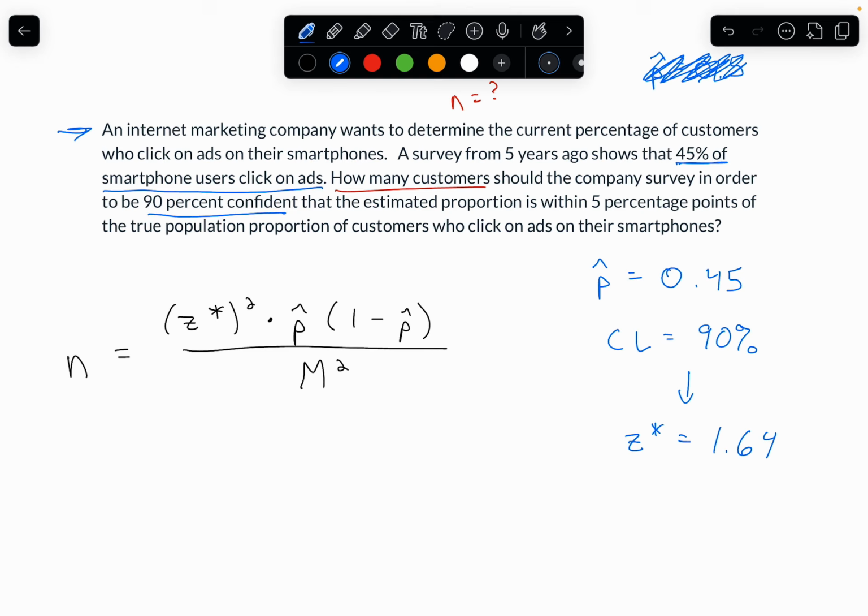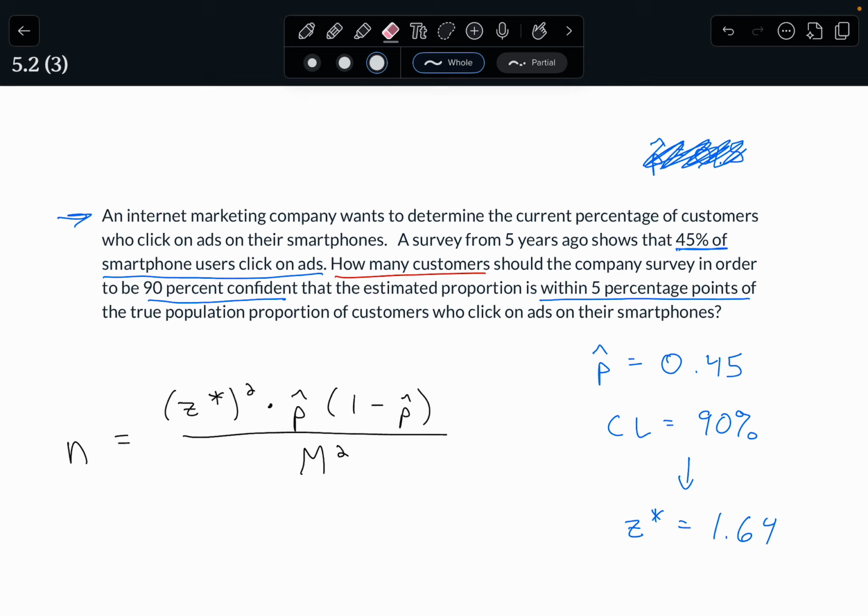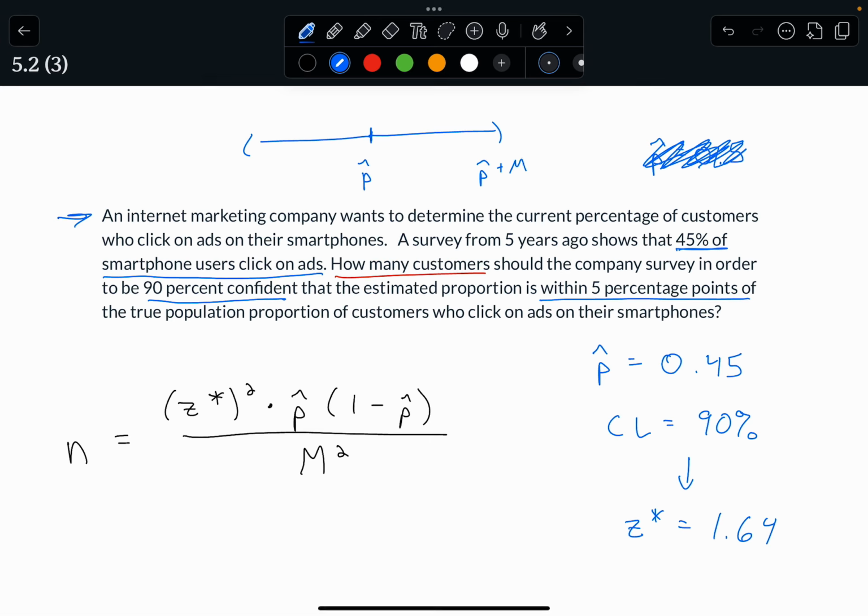So we've got our 90% confidence that the estimated proportion is within 5 percentage points of the true population proportion. So we want to be within 5 percentage points. What that means, if we were to draw this out, is, remember when we build a confidence interval, we say here's p hat, and then we add our margin of error, so p hat plus my margin of error, and we subtract my margin of error.